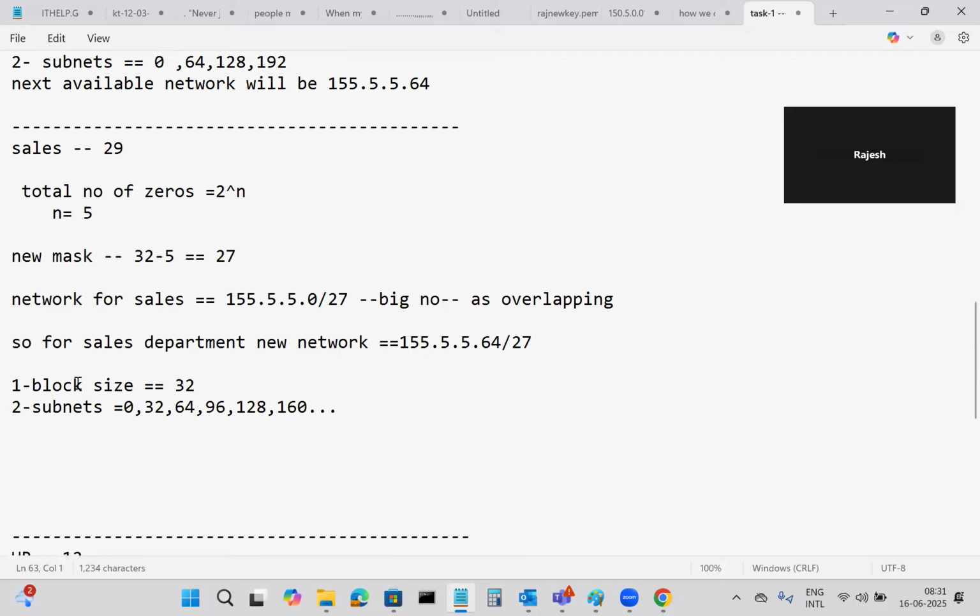Now, for my sales department, I'm using 64, which is here. And the previous one I have also used for my IT department. So I cannot use anything till 64, correct? So what is the next network available now? 96. So I will write it here.